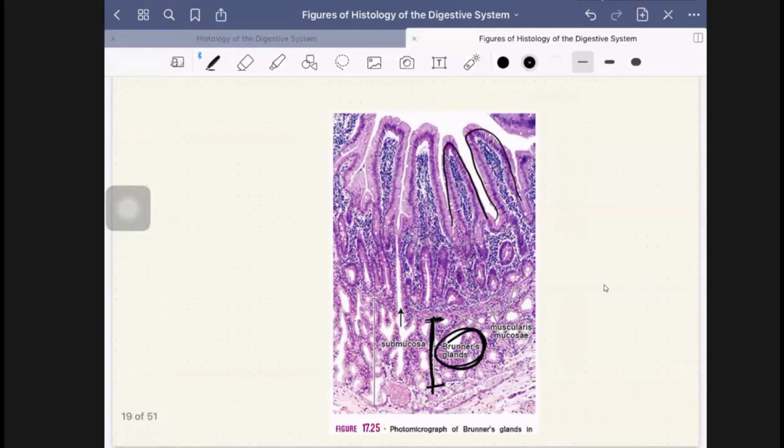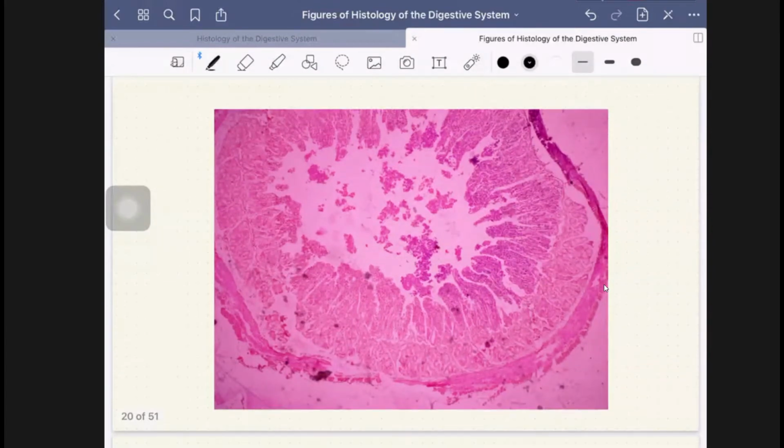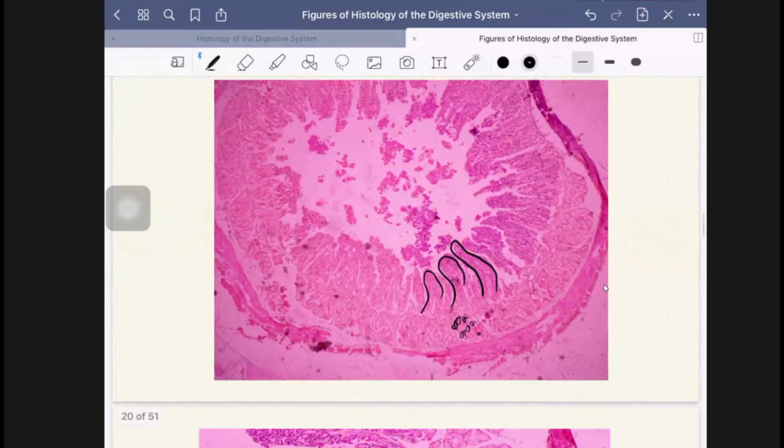Now, before going to the later part, this is the slide you will get in your college. So if we get this slide in the exam, you will say this is a histological slide of the duodenum because there are numerous intestinal folds, there are villi, and the presence of submucosal glands or Brunner's glands.